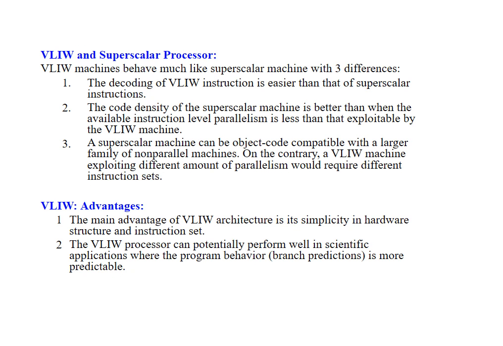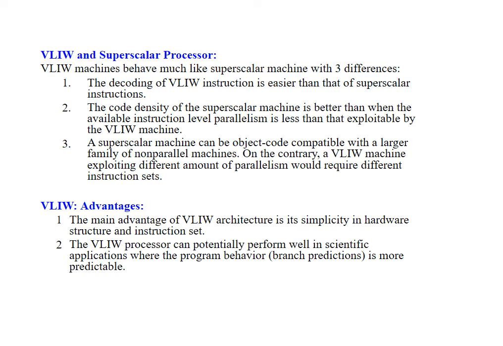Here we discuss some similarities of VLIW and Superscalar processors. Normally VLIW machines behave much like Superscalar machines with three differences. The first is that the decoding of VLIW instructions is easier than that of Superscalar instructions.